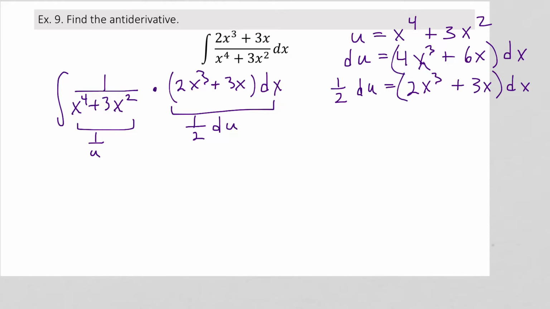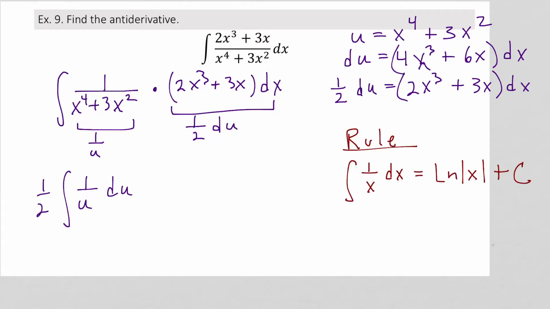Okay, so we can set up the integral as putting the 1/2 in front, 1 over u du. All right, so this is going to take the same rule, the ln rule. So there's our rule. So this would be 1/2 natural log of the absolute value of u plus c.